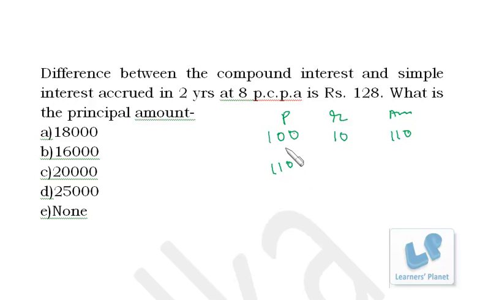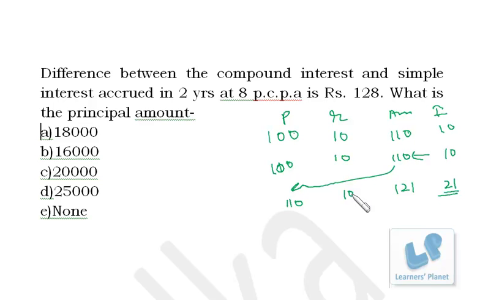If the interest is charged on 100 rupees, still you will be getting 110 as the amount, or 10 rupees as the interest. Interest is 10 rupees, interest is 10 rupees. But if interest is charged on this amount 110 rupees, then 110 rupees at the rate of 10%, the amount will be 121. That means the interest charged is 21 rupees.